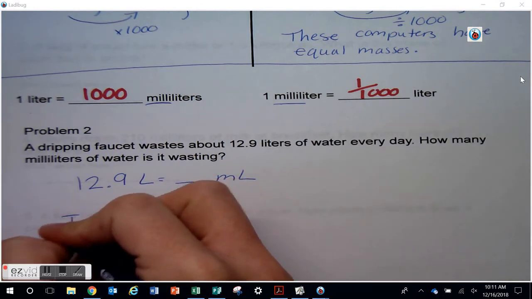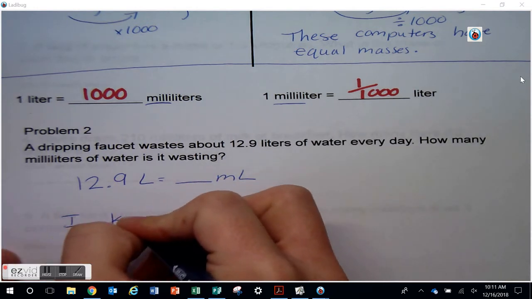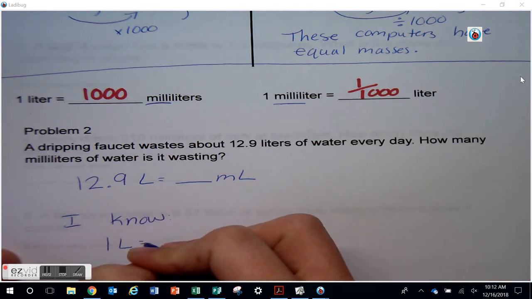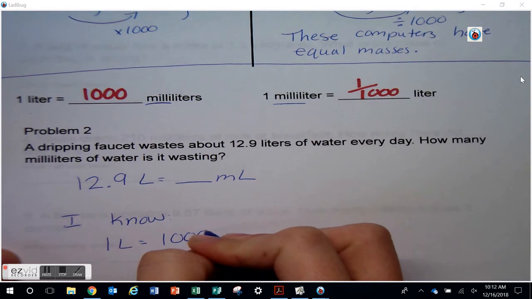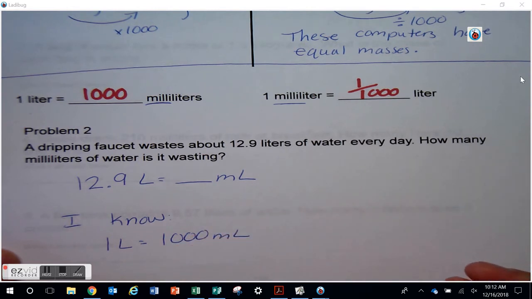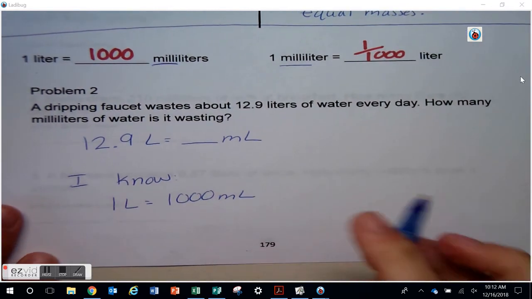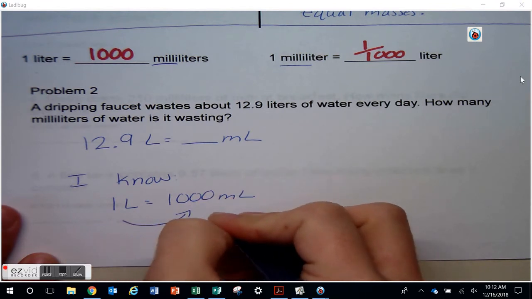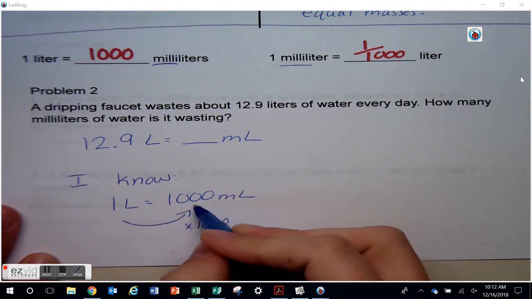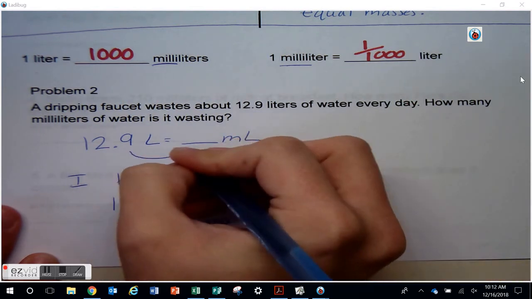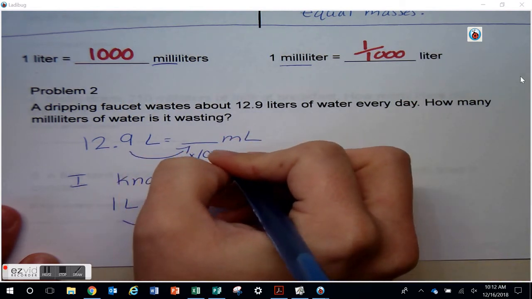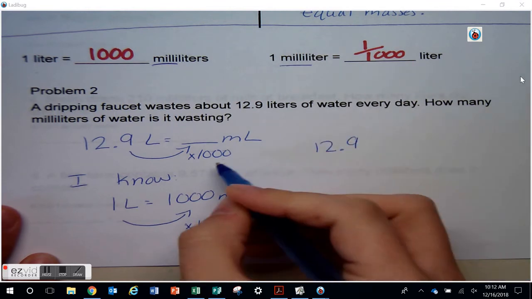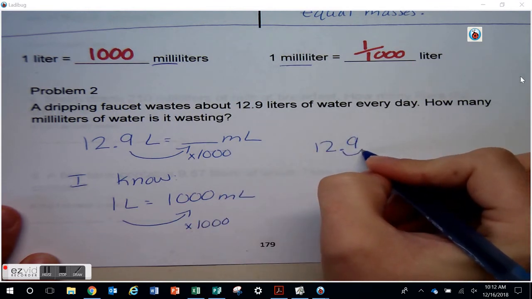I'm going to write down what I already know. I know 1 liter equals 1,000 milliliters. To get from liters to milliliters mathematically, I'm going to multiply by 1,000. 1 times 1,000 is 1,000. So I'm going to do the same thing here. 12 9/10 is going to get bigger by 3 place values. 1, 2, 3.